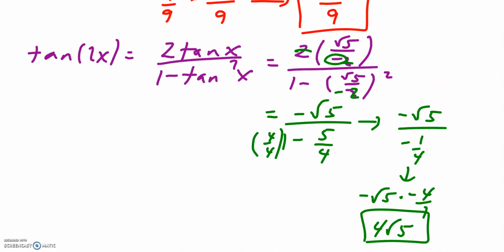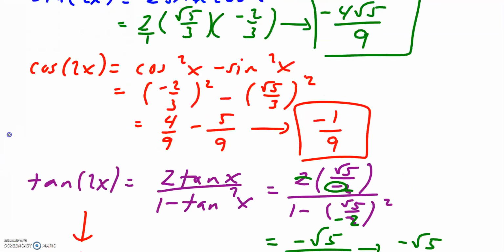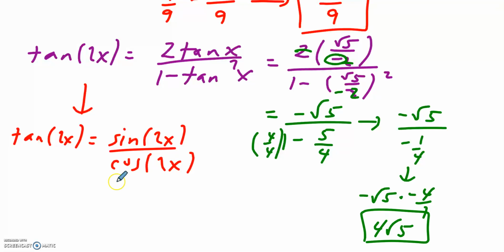As one more tidbit before I leave you, you could have found tangent a different way. Remember that tangent is sine over cosine. So you could have said that tangent of 2x is really sine of 2x over cosine of 2x. And we already found these two ratios. We found that sine of 2x was negative 4 root 5 over 9, and that cosine of 2x was negative 1/9.